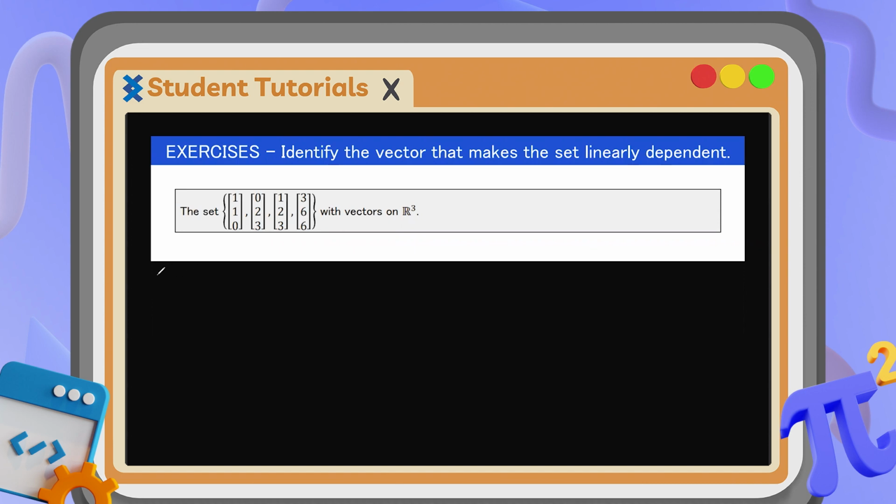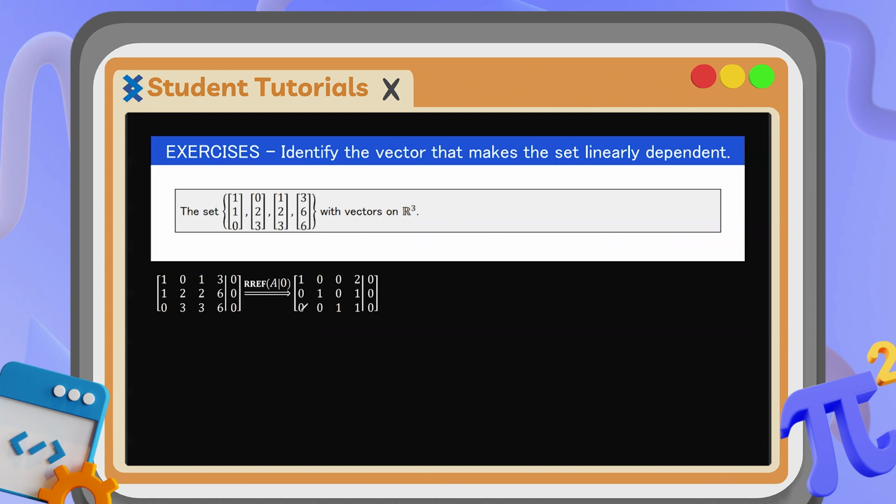First, we again create the augmented matrix, forming 1, 1, 0, 0, 2, 3, 1, 2, 3, 3, 6, 6. Then we take the RREF of this matrix, and we get this answer.